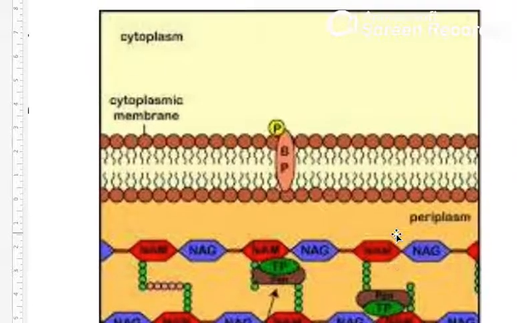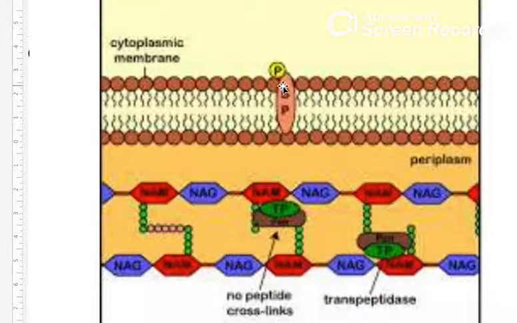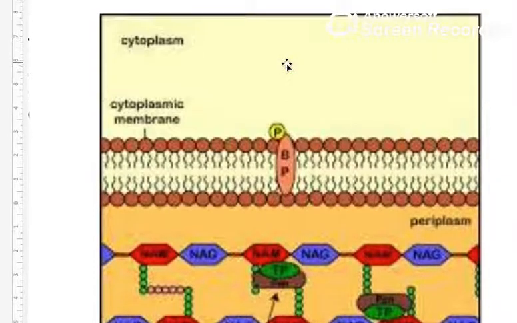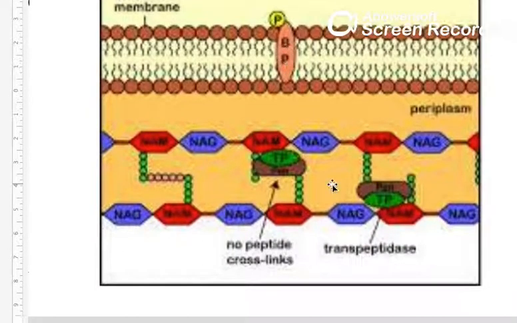So what will happen whenever there is penicillin or any beta-lactam drug? It will prevent the completion of synthesis of the bacterial cell wall.